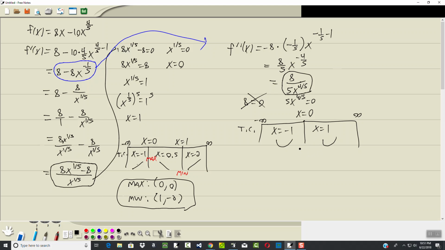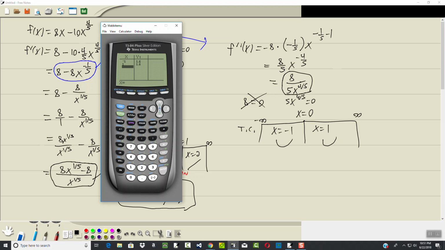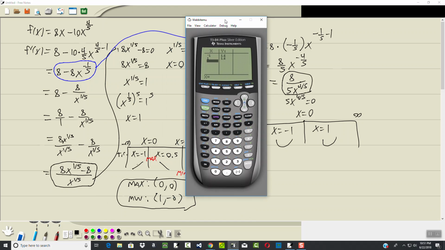I wonder what this graph looks like. Let's see. We got 8x minus 10x caret, beginning parentheses 4 divided by 5, closing parentheses, and then graph.